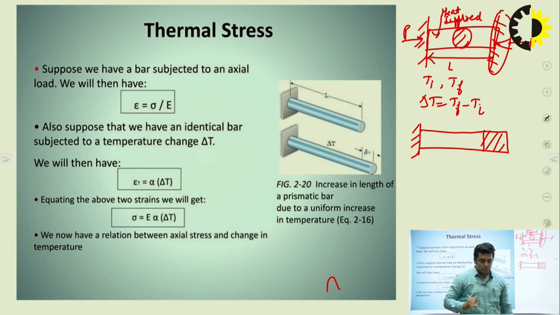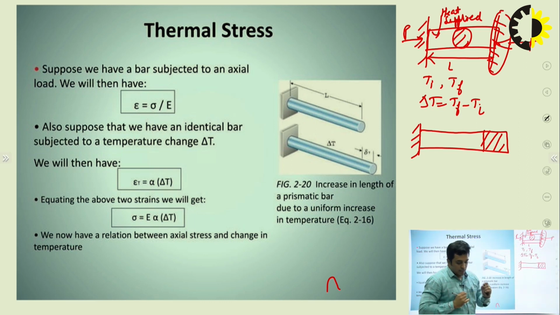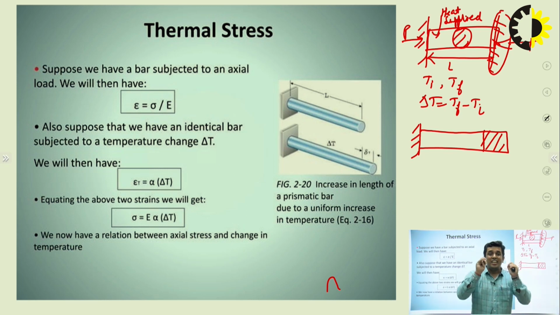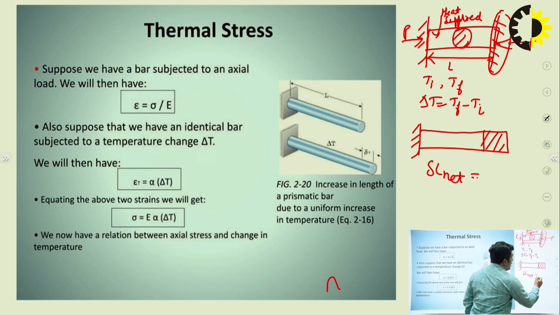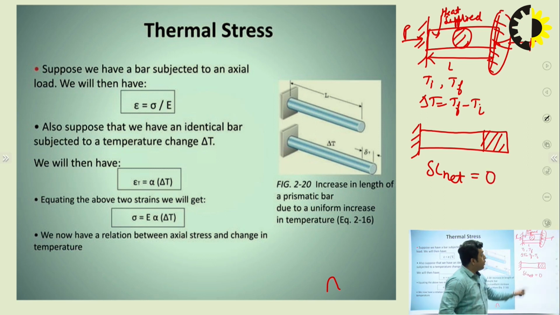That means if I ask what delta L net will be, in this particular case delta L net will be equal to 0, because we have restricted this body at both ends. What is happening here?